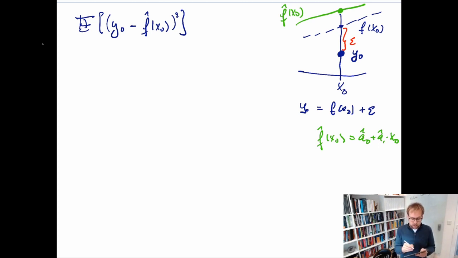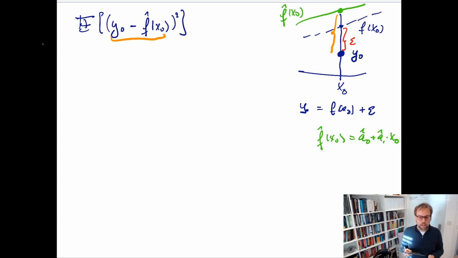This difference here is what we are looking at, and we are squaring it. So this will effectively give us our error. We predict this value, f hat, and the actual value was y0. If we square this and then take the expectation, we will get the error term. So this would be the error we are after. And now we want to decompose it.